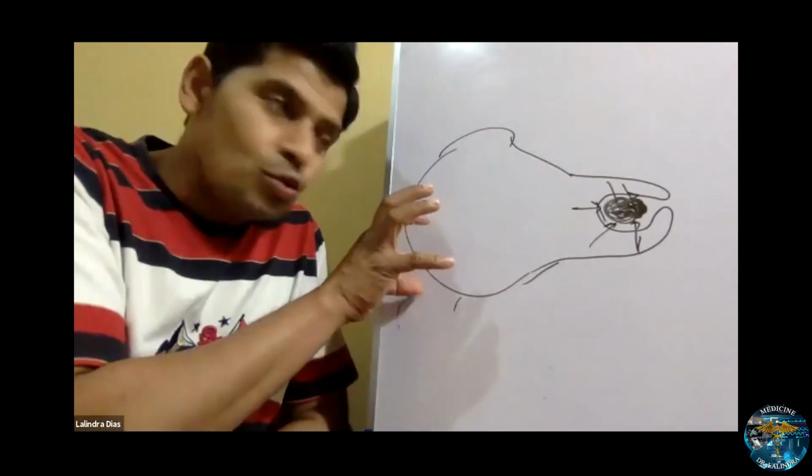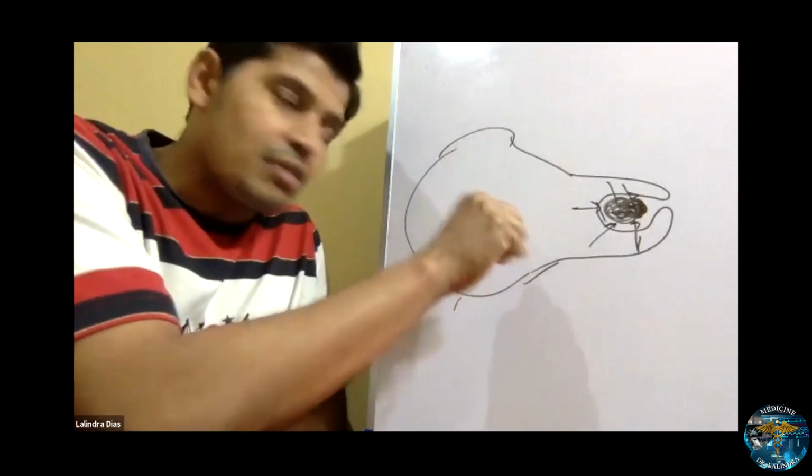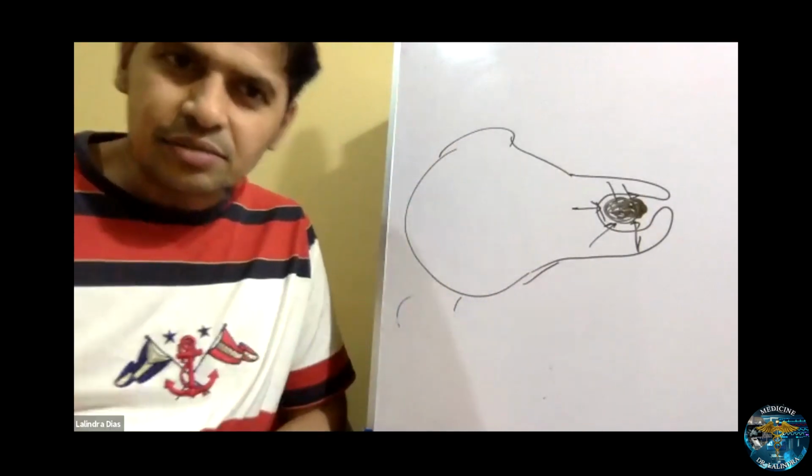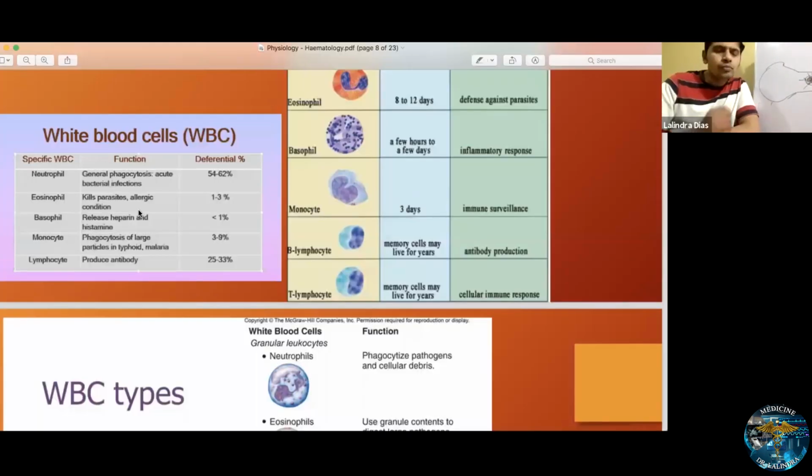And then what does it do? It will engulf that bacteria or virus and completely break it. That's the innate immunity. So as I have mentioned here, the monocytes, phagocytosis of large particles in typhoid and also malaria.